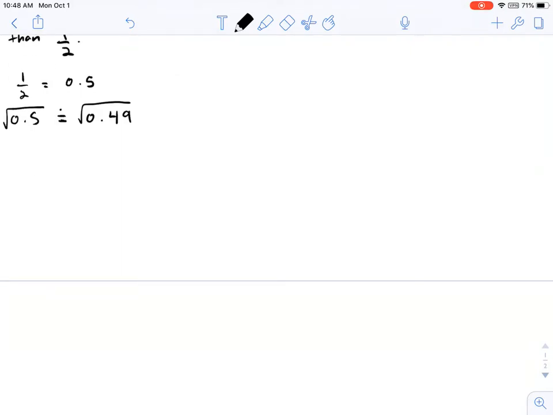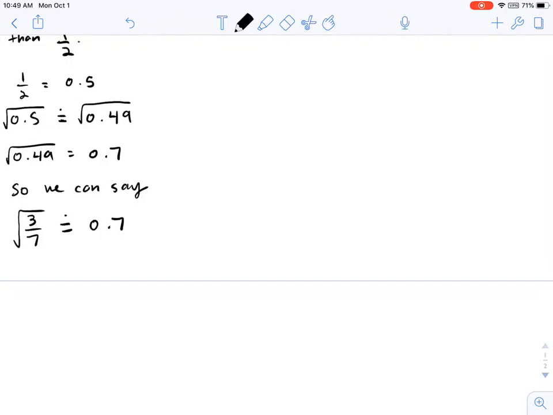And we know that the square root of 0.49 is equal to 0.7. So we can say 3 over 7 is close to 0.7.